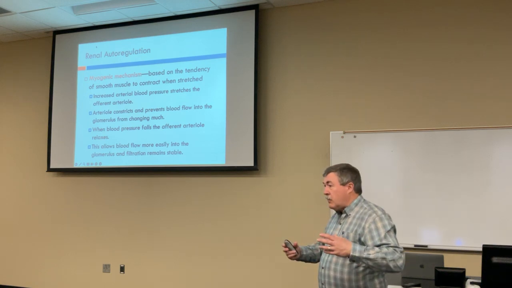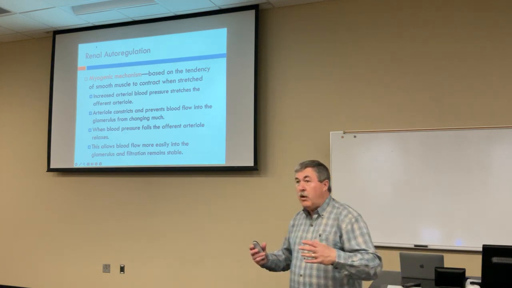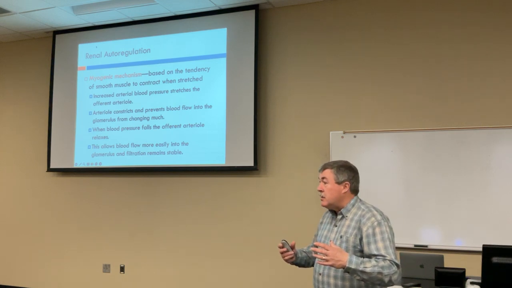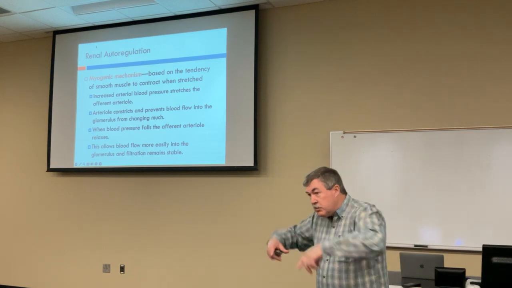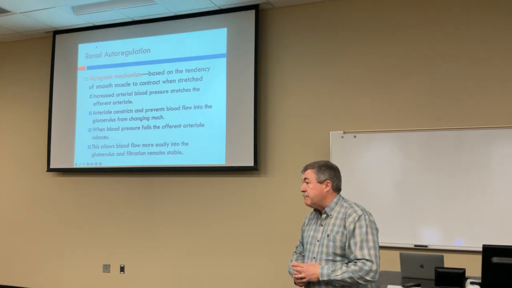When the afferent arteriole stretches, that stretches the smooth muscles that are in its walls. And that stimulates the smooth muscles to contract. So these circularly arranged smooth muscles contract, that causes vasoconstriction.